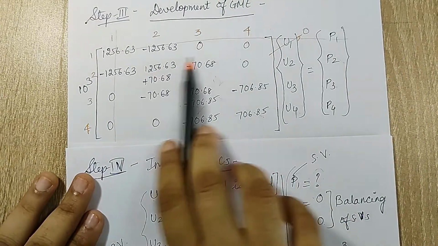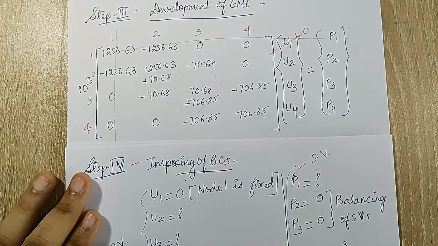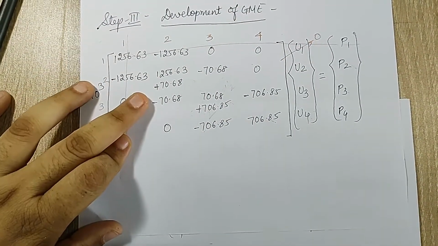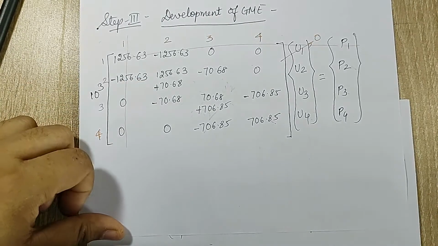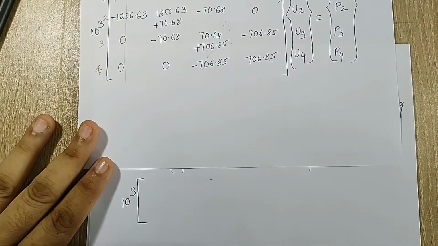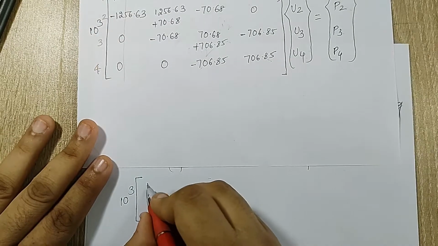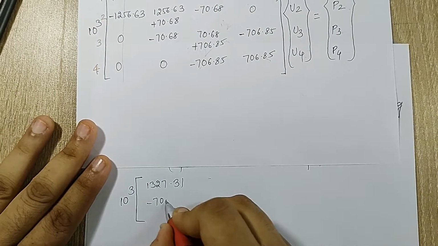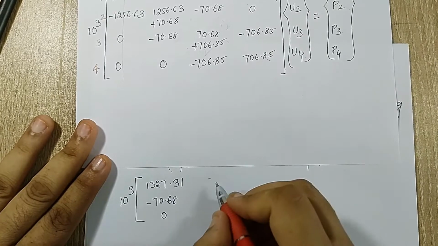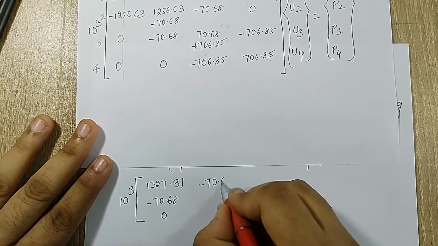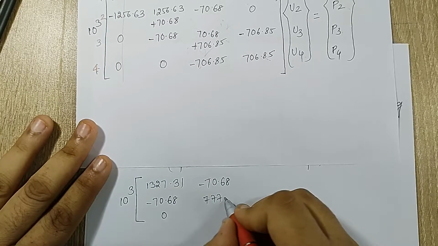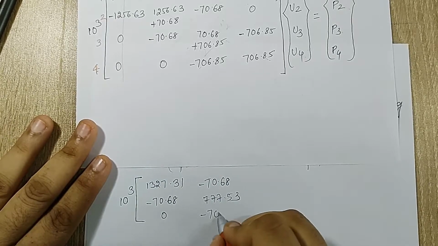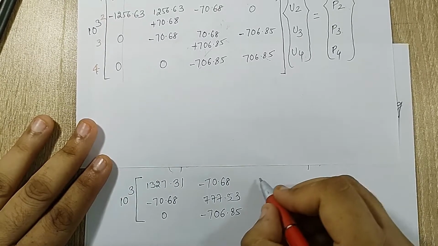Now I will start with writing down these values and making another matrix. I'll just copy these down and add them here. 10 raised to 3 is common. The first row is 1327.31, minus 70.68 and 0. Then I have minus 70.68, 777.53, minus 706.85.